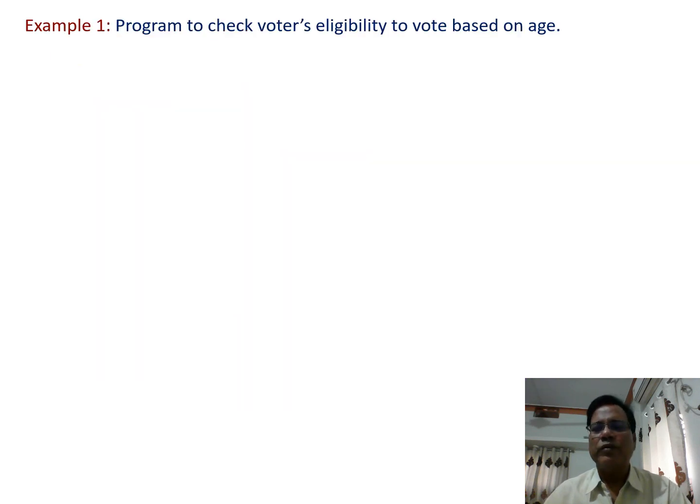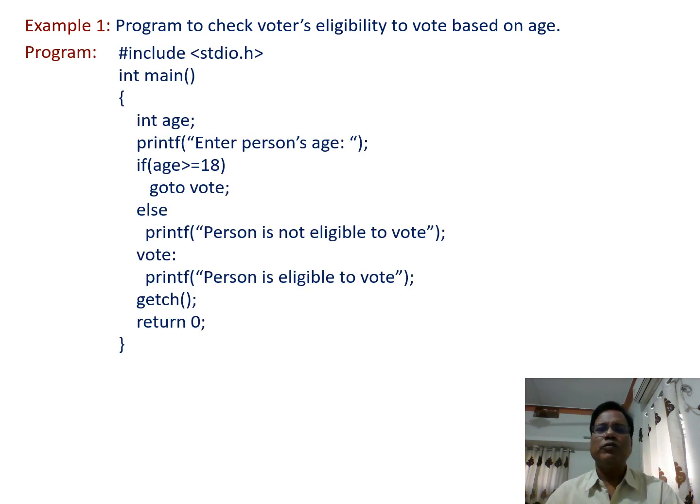Now let us try to understand the forward jump and backward jump, or the goto statement, through example programs. In the first example, a program to check voter eligibility to vote based on age. We can write a program like this one.